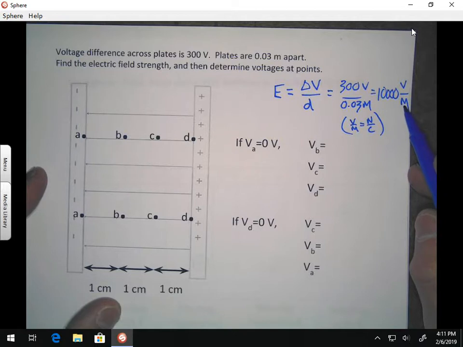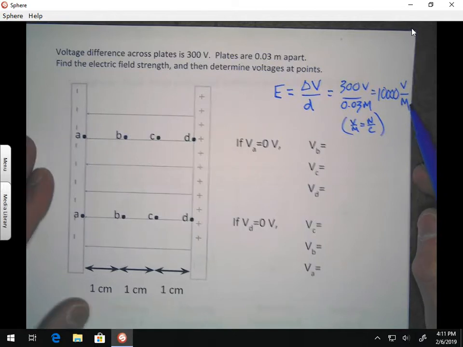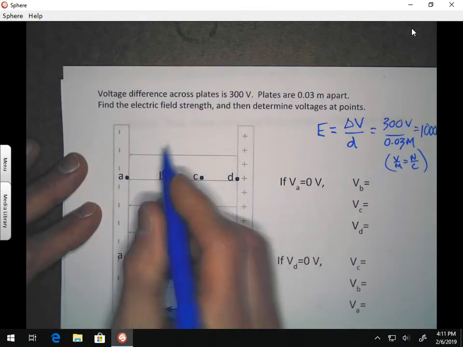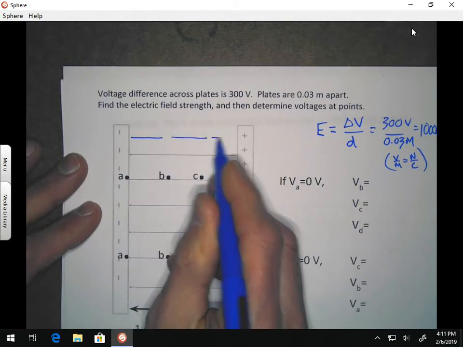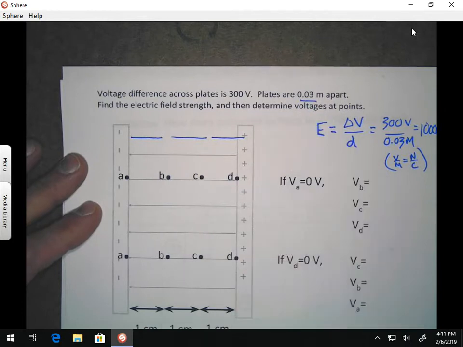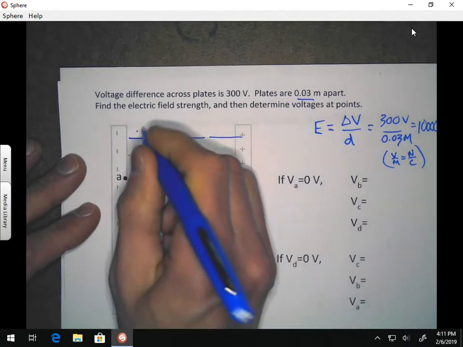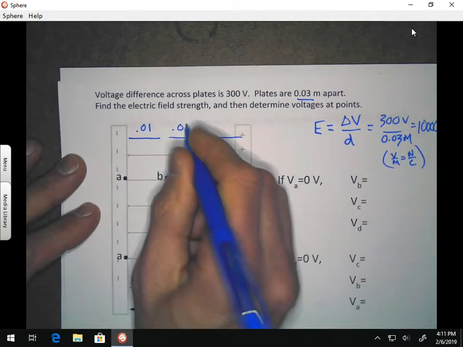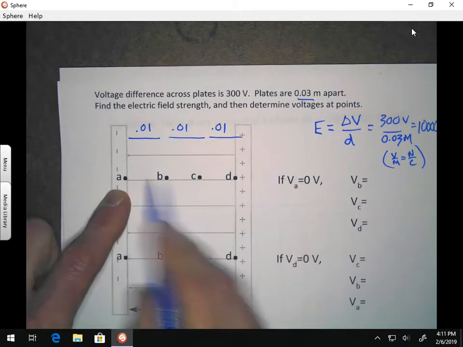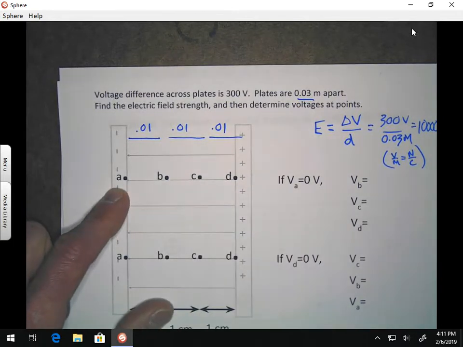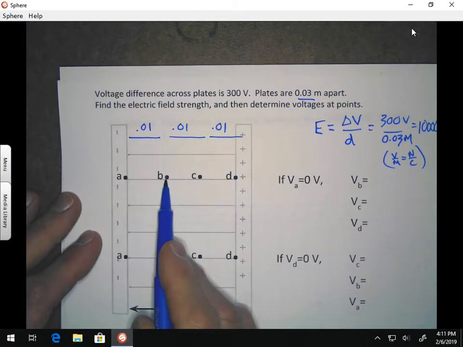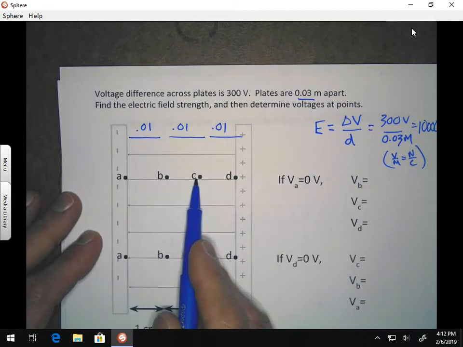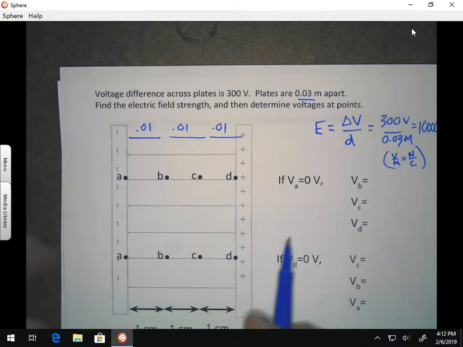If you were to take this gap and divide it up, if we were 0.03 meters apart to begin with, that means we're 0.01 meters apart if we divide this gap into 3 parts. Now, the reason I'm doing that is just to make the point that every time you go forward by a certain distance, the voltage is going to change by the same amount.